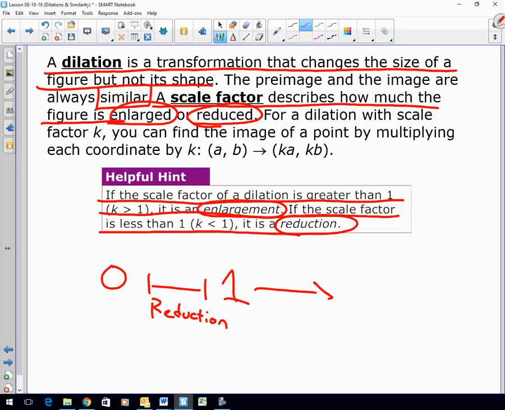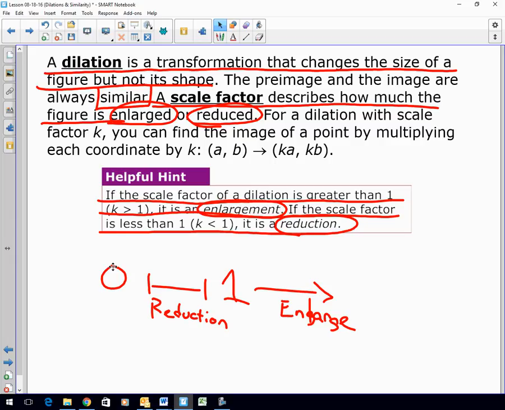Anything bigger than 1 gets you an enlargement, something enlarged. Notice what numbers we're not going to deal with. Negative. We don't deal with negative numbers.